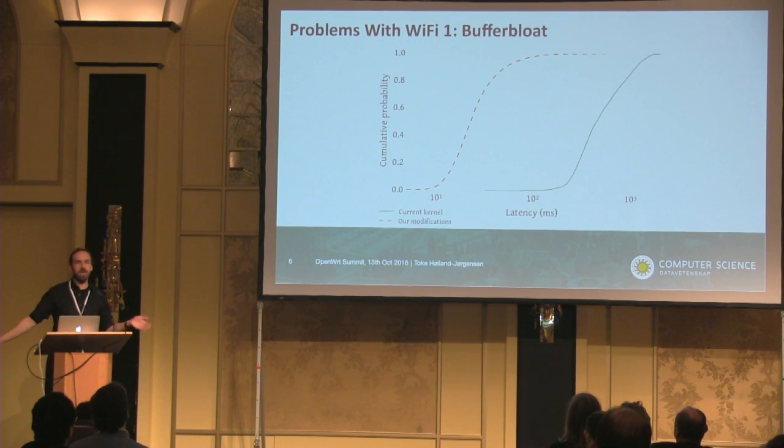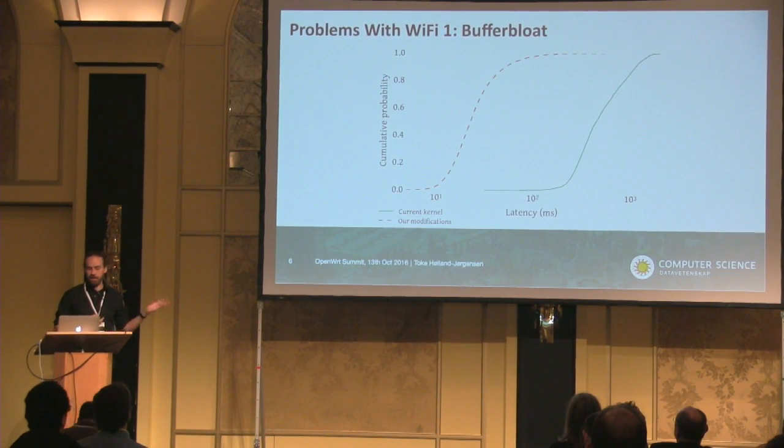So this is just from running simple TCP traffic that saturates the link, and then measuring the latency you will get. Whereas with the modifications I'm going to talk about in a few seconds, we get this down to about 20 or 30 milliseconds under full load on a Wi-Fi link.